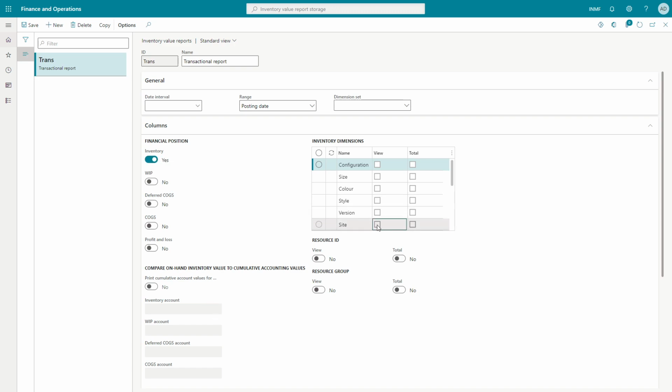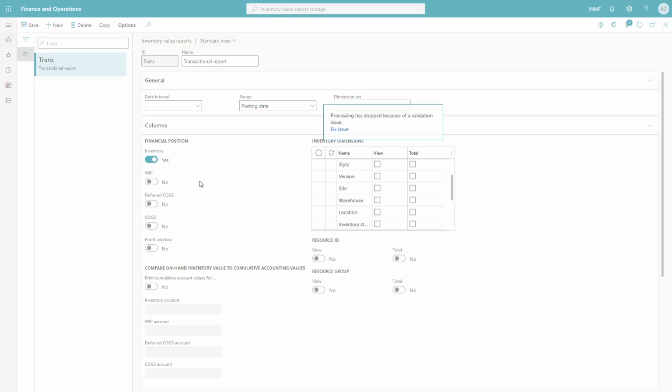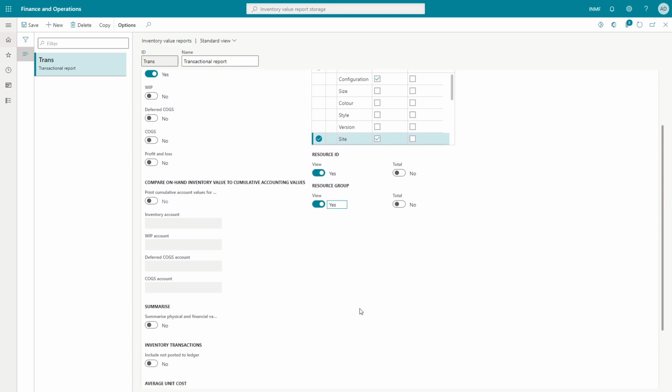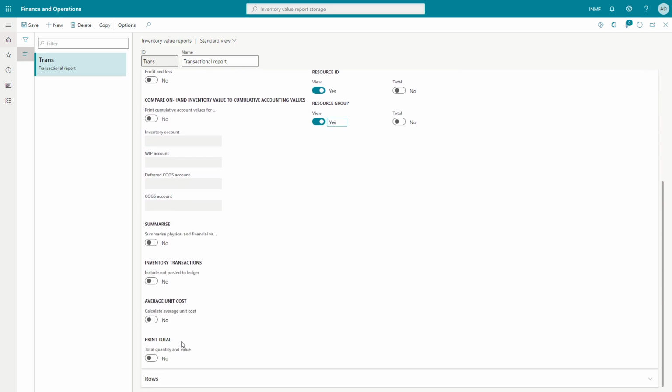I want to see site in my report. Where is the site? Okay, I want to see item, item group. I don't want to summarize.